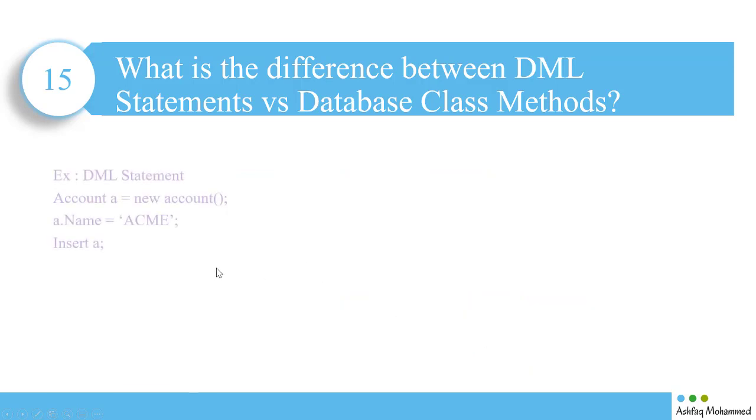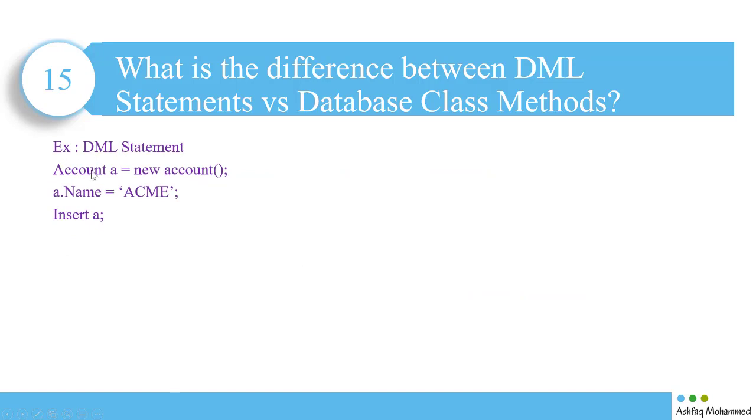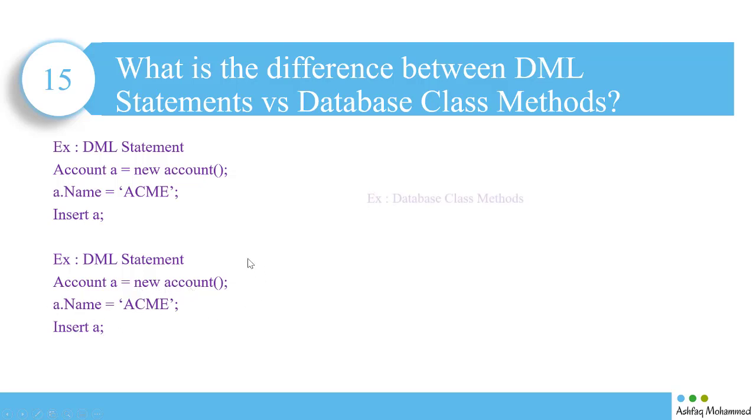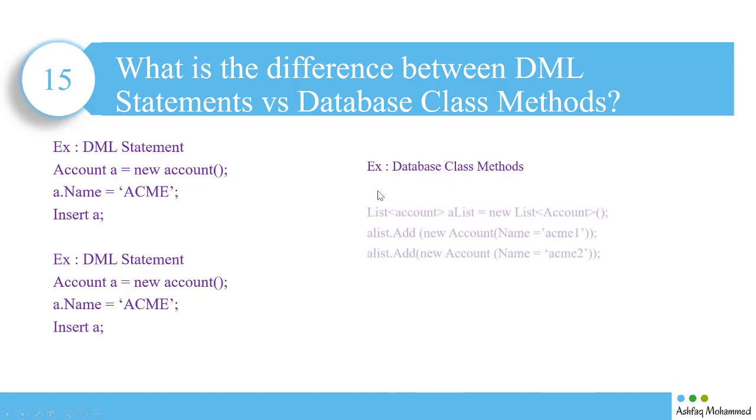So an example of a DML statement is: Account a = new Account(); a.Name = 'Acme'; insert a. Again, DML statement: Account a = new Account(); a.Name = 'Acme'; insert a. This is repeated, that's fine. So for the Database class, how will we do it?